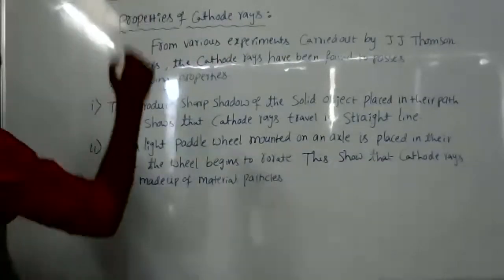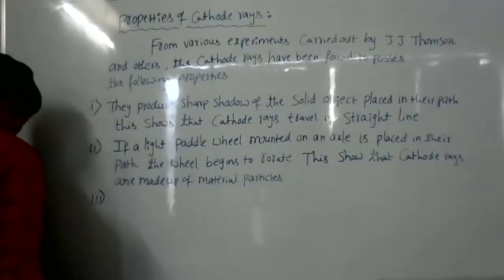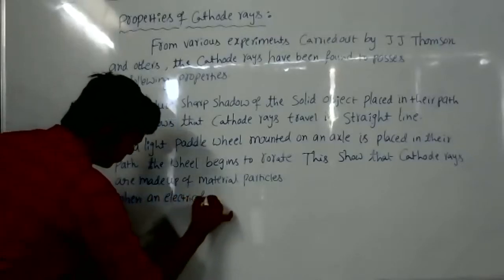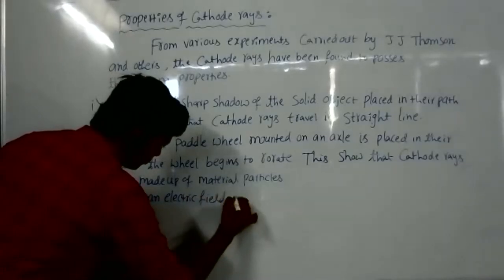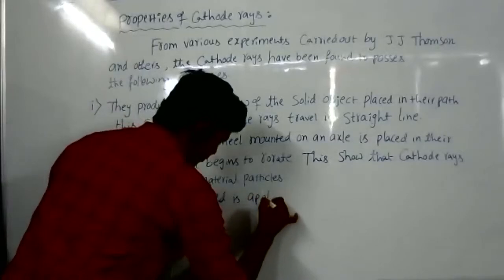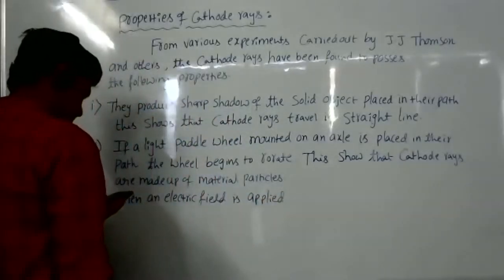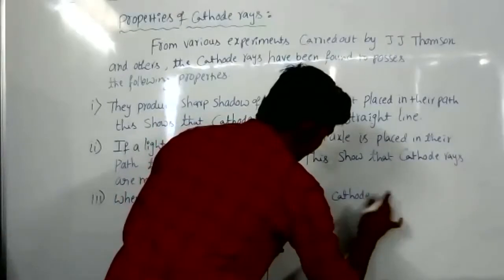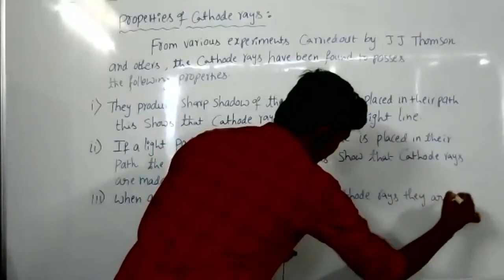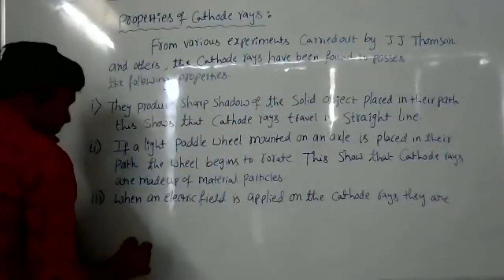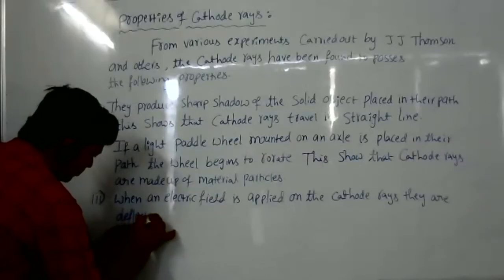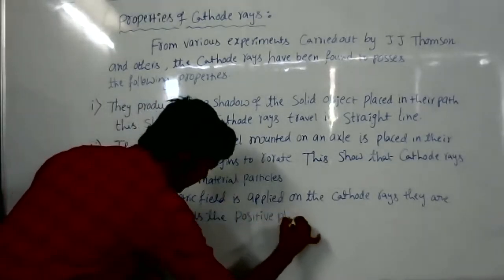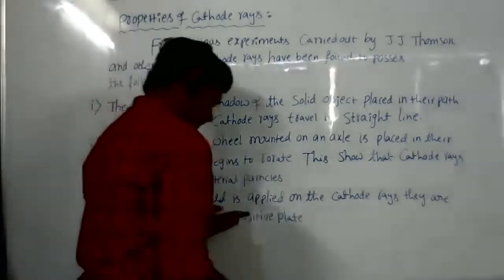Okay, next point. When an electric field is applied on the cathode rays, they are deflected towards the positive plate of the electric field.